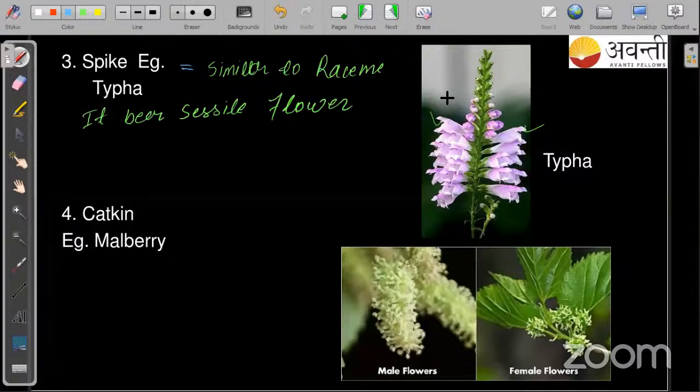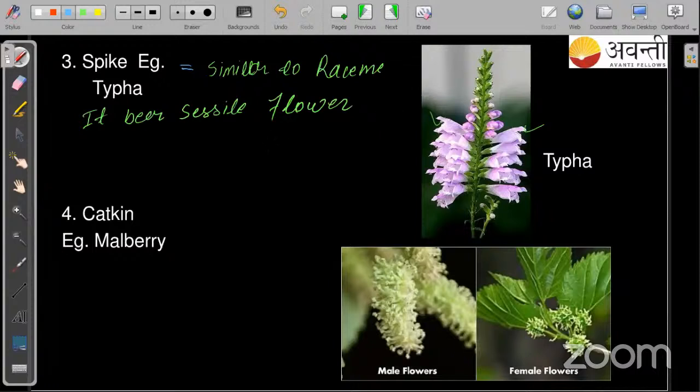Sessile flowers are attached directly without a stalk. That means the flower does not contain a stalk. Yes, correct Akshay. Yes, correct Deepika. Yes, correct, directly to the substrate.